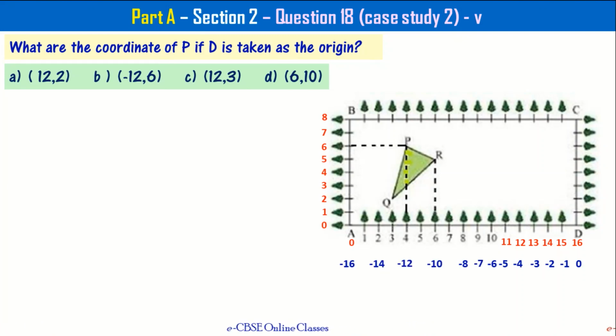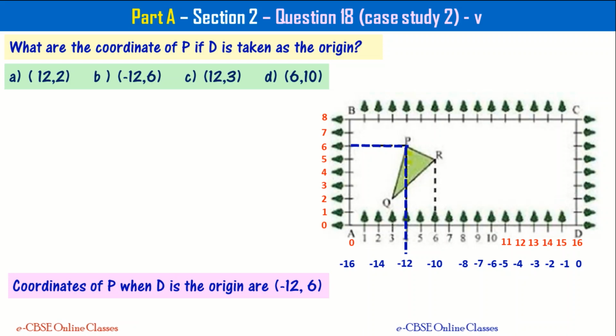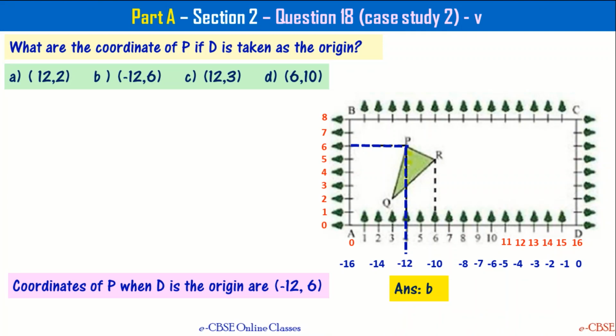The horizontal axis starts at D equal to 0 and reaches A equal to minus 16, right? Now let's see what are the values for P. Horizontal value minus 12 and vertical axis it is the same, 6. So coordinates of P when D is the origin are minus 12, 6. So choice B is the answer, right?